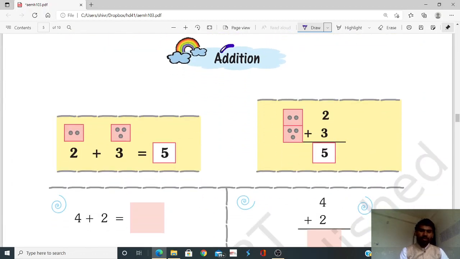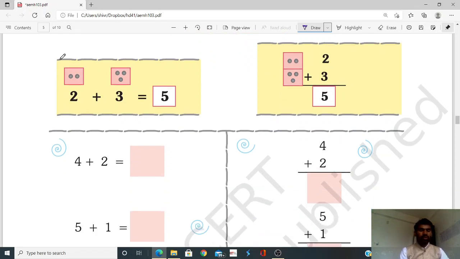addition. Now we have to add numbers, right? Here you can see 2 points, and here you can see 3 points, and we have to add these 2 points and 3.